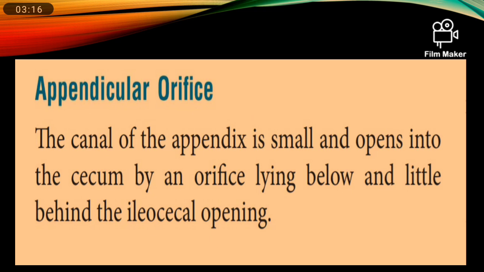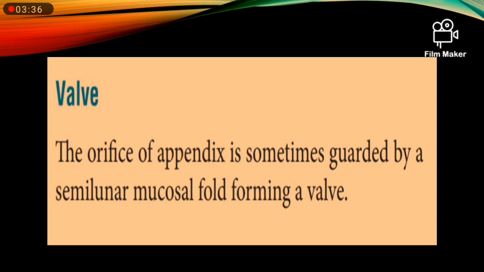Then the appendicular orifice. The canal of the appendix is small and opens into the cecum by an orifice lying below and a little behind the ileocecal opening. We have already said it is 2 cm below. It is guarded by a valve.